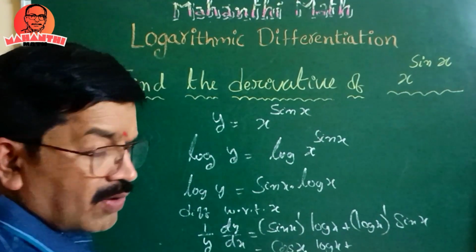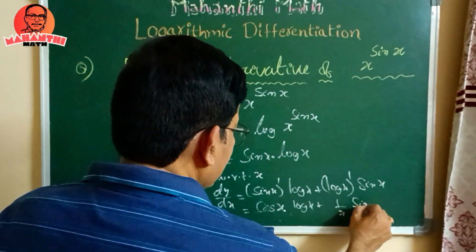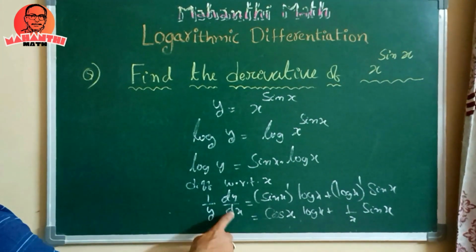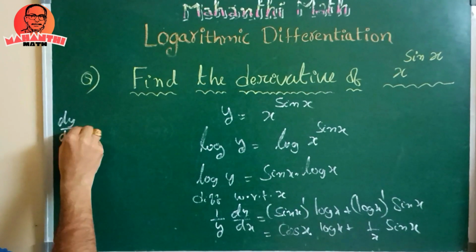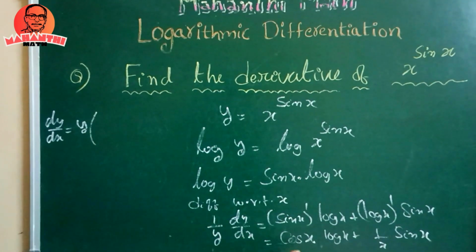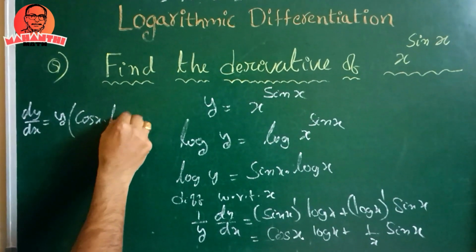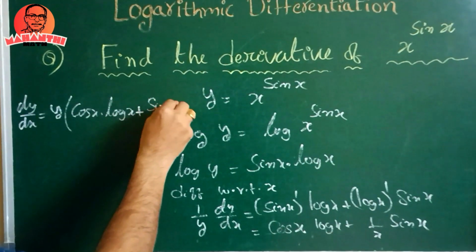What is the derivative of log x? 1 by x into sin x. This is what? 1 by y into dy by dx. So we want dy by dx. So dy by dx equal to y into cos x into log x plus 1 by x into sin x, which is sin x by x.